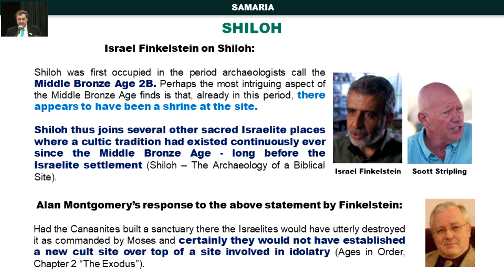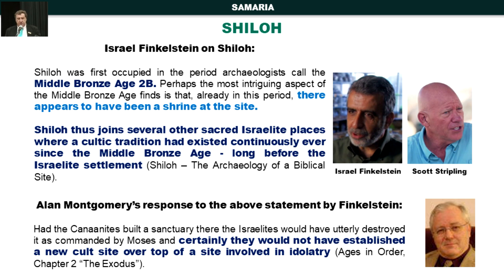Perhaps the most intriguing aspect of the Middle Bronze Age finds is that already in this period, there appears to have been a shrine at the site. Shiloh thus joins several other sacred Israelite sites where a cultic tradition had existed continuously ever since the Middle Bronze Age, long before the Israelite settlement in the 12th and 11th centuries BC," end quote.